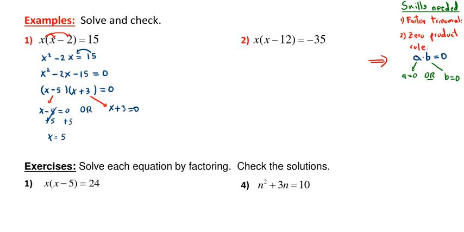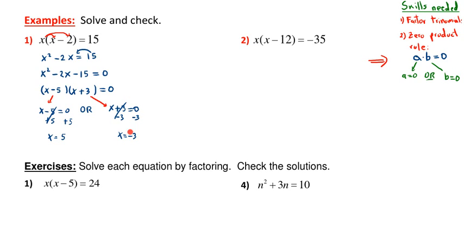On the other equation, I have an addition, so I need to use subtraction. Subtract 3 and subtract 3 on the other side. That gives me x is equal to -3, because 0 minus 3 is -3.